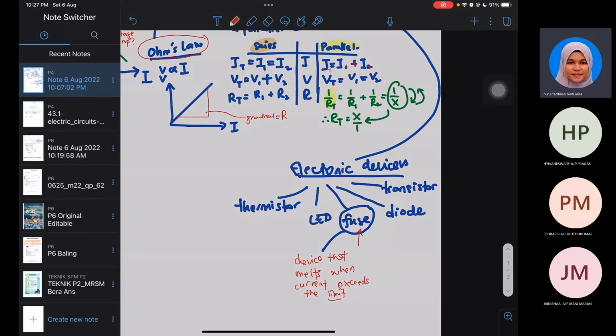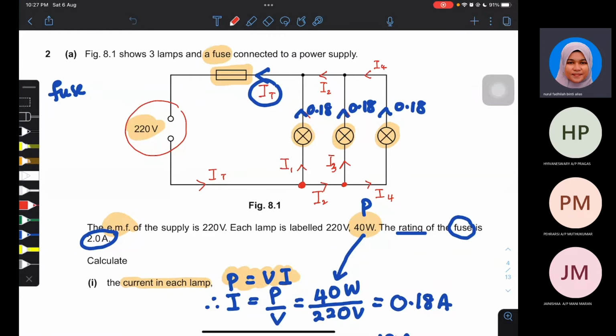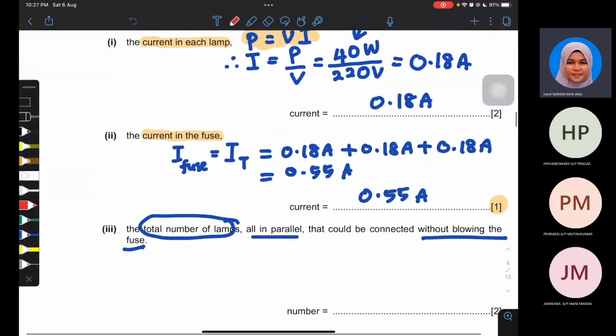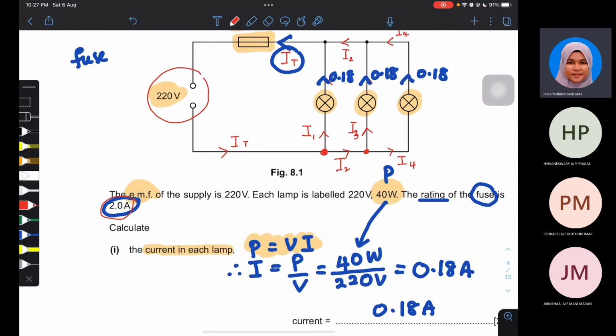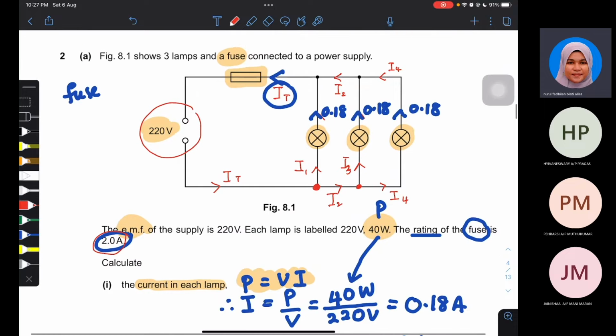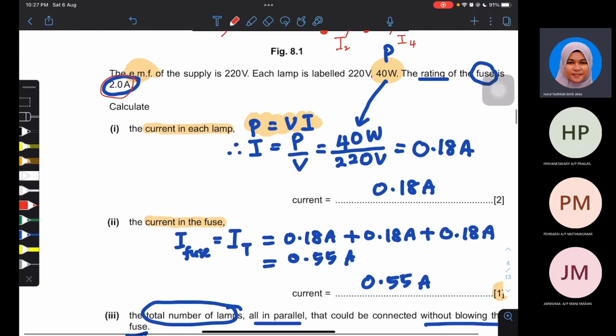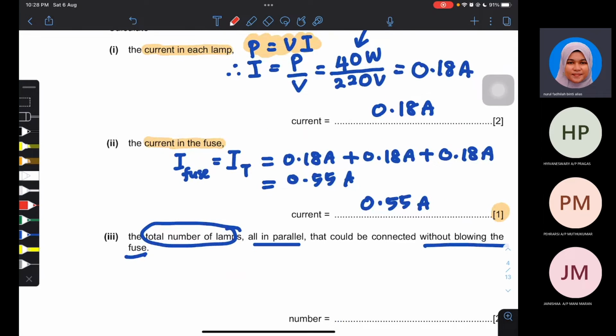So kalau fuse tu rating dia is 2 amps, maksudnya hanya current sampai 2 amps sahaja boleh lalu sini. Dia tengok kat sini, masih boleh lalu tak? 0.55 is still less than 2 amps.